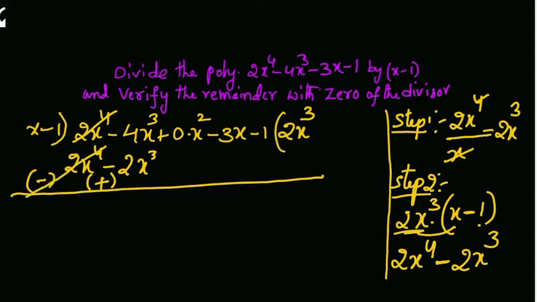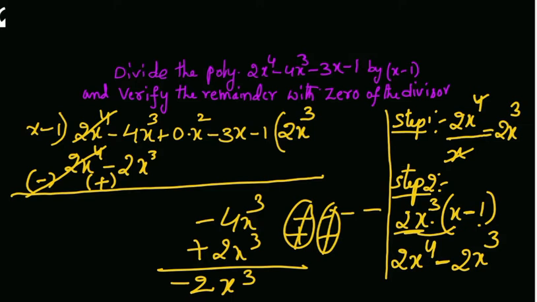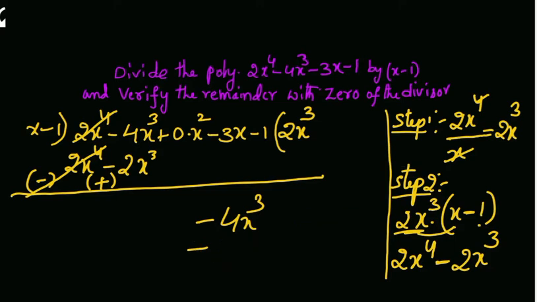And the remaining next term, if you observe, is minus 4x cube and plus 2x cube. Already we know that with 4 minus symbols and 2 plus symbols, 2 plus and 2 minus will get cancelled. You will get the number minus 2, and the term is x cube. So you have to write minus 2x cube here. Just write that minus 2x cube in this step.